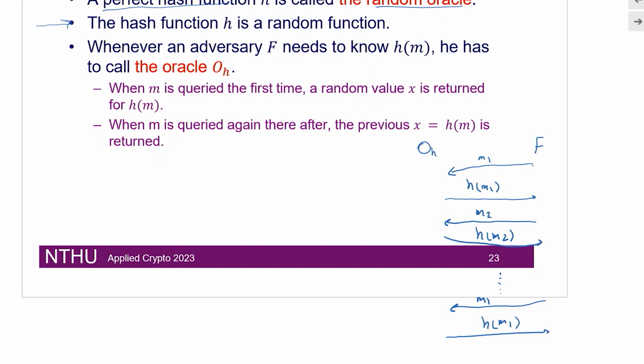It doesn't have to be an object that resides outside of your computer. It could also be instantiated on the network. Imagine that you have a web service, a server that instantiates this random oracle hash function. Every time you want to compute the hash of some message, you communicate with this oracle through the web service.